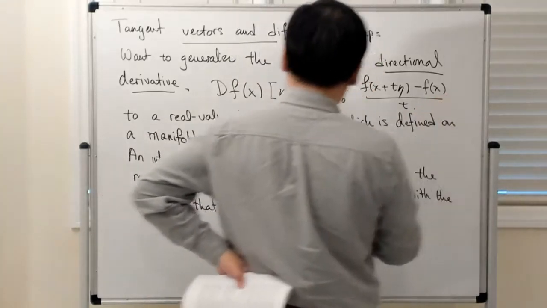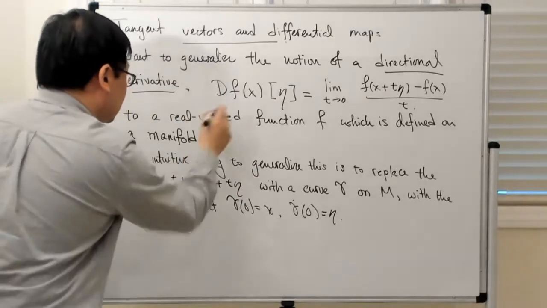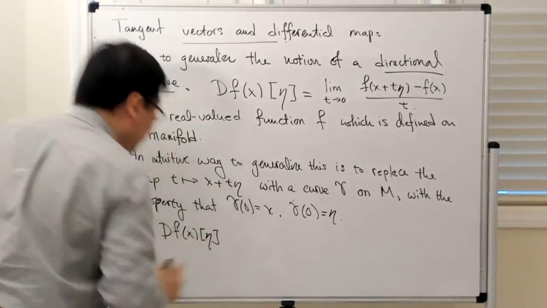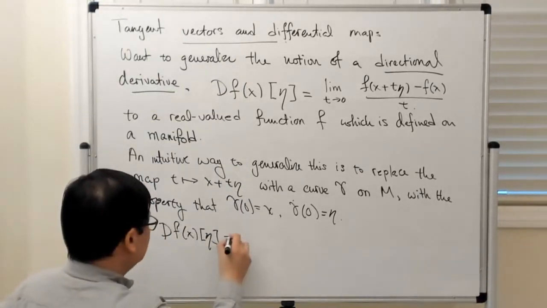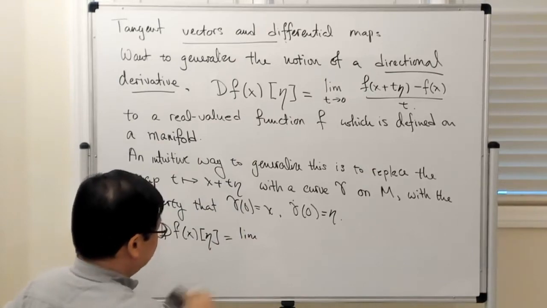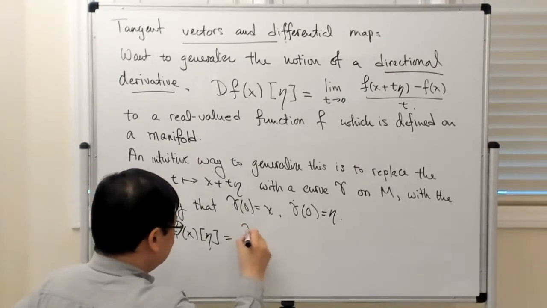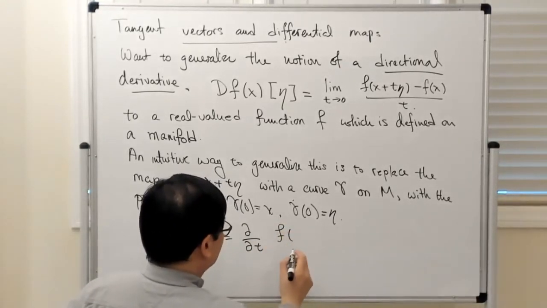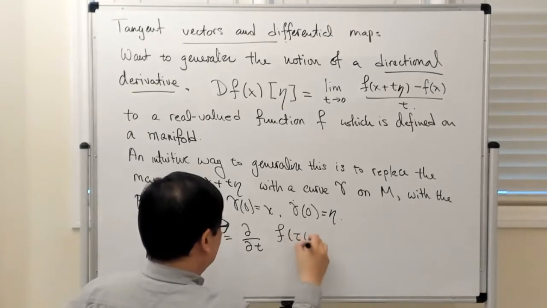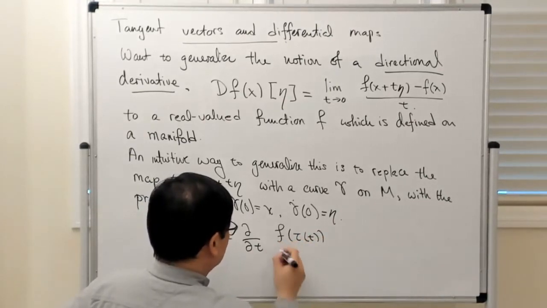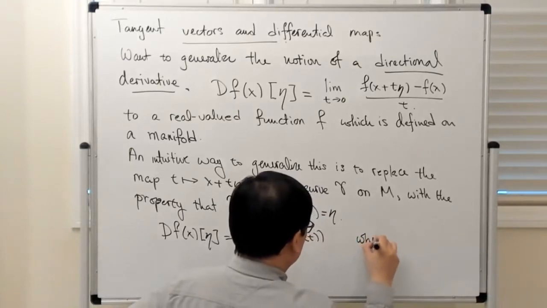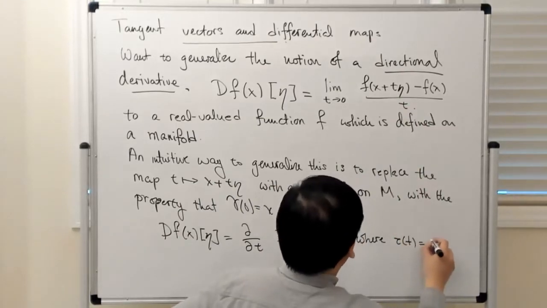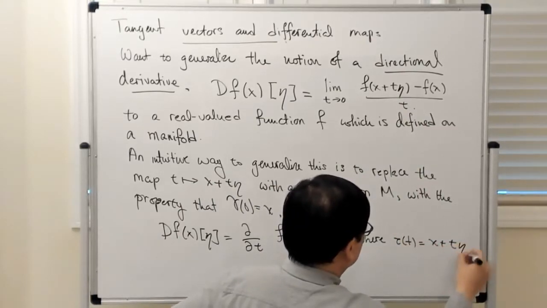What happens is that this directional derivative in the vector space case, df of x at eta, can be viewed as the derivative with respect to t of f evaluated on some curve, let's say tau of t, where tau of t is x plus t eta.